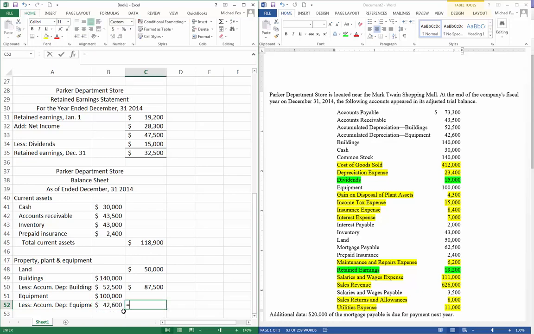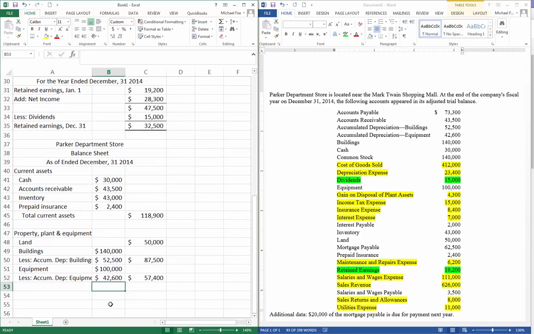So the book value then would be $57,400. Now we'll do our total assets, which will include the current assets plus the land plus the book value of the building plus the book value of the equipment. There's our total assets.